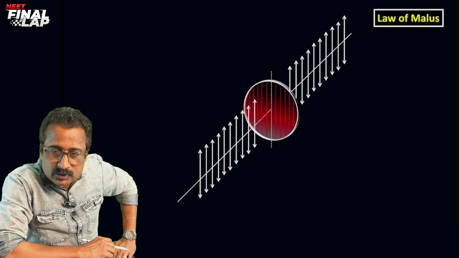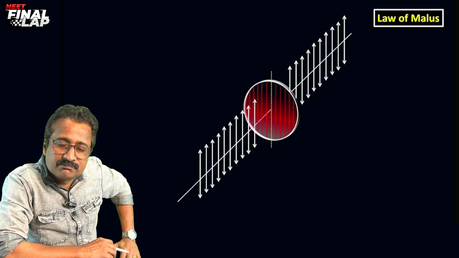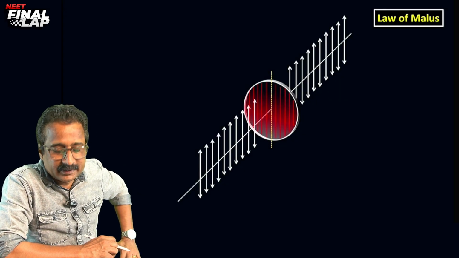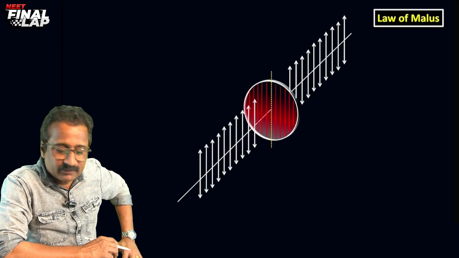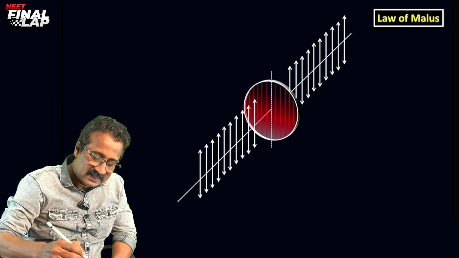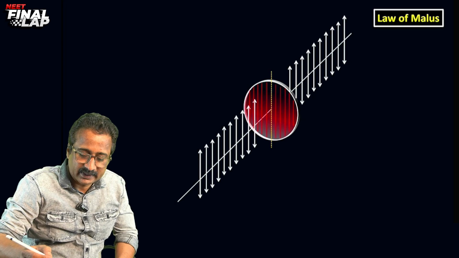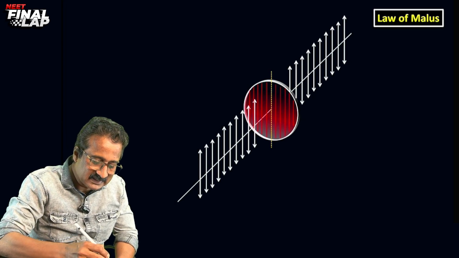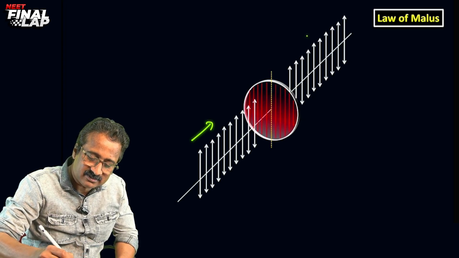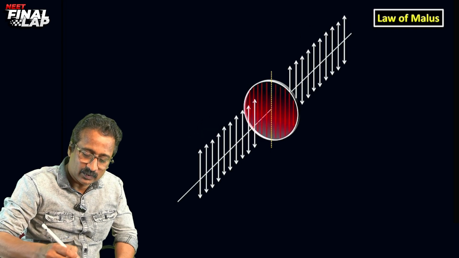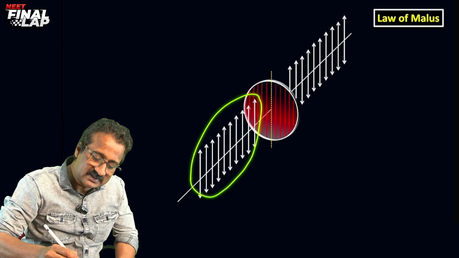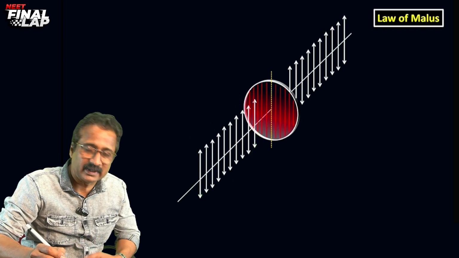Okay. Let's also see what happens when polarized light is passing through a Polaroid. Now look at this figure very carefully. What I have shown here is light passing through some Polaroid, but this is the incident light and this is the transmitted light also. Look at the incident light. That incident light is already polarized.